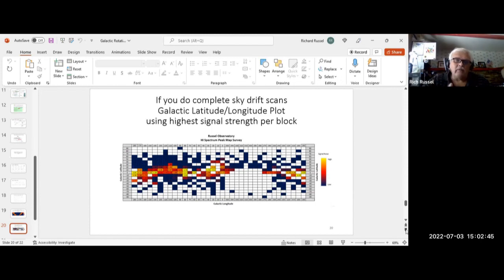And then you can combine other people's data as long as you've got it calibrated in right ascension, declination, and time. And so we should be able to combine a 60-foot dish with a 3-meter dish, and see how that all works. So we have a lot of opportunities here in the future.